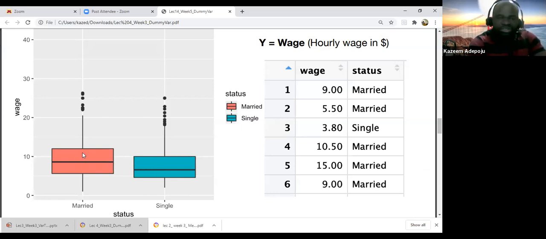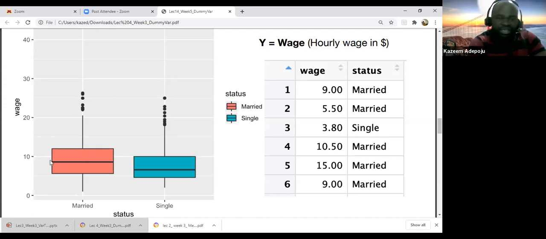Of course, in a box plot we have a five number summary. We have the minimum, the maximum, the first quartile, the second quartile, and the third quartile. Now if you look at what I'm pointing at, this is the median.